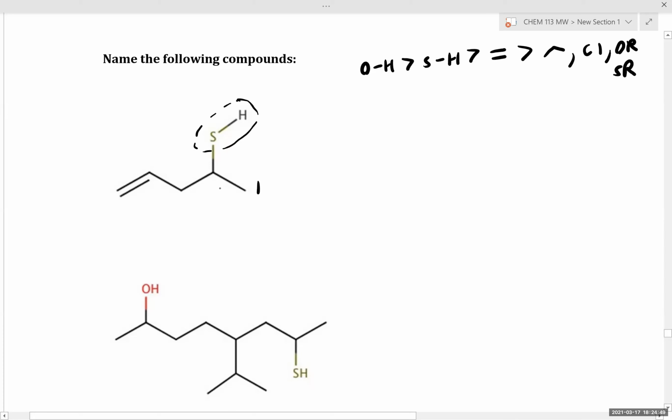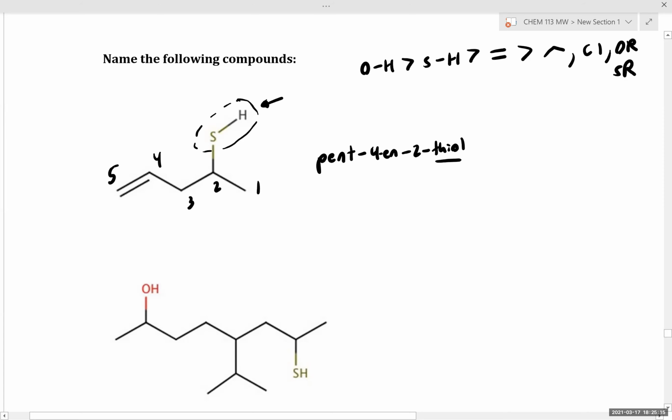So in terms of numbering, we have the following numbering system, and the locant numbers look great, but we would name this as pent-4-ene-2-thiol, where the thiol suffix tells us that we have this SH group.